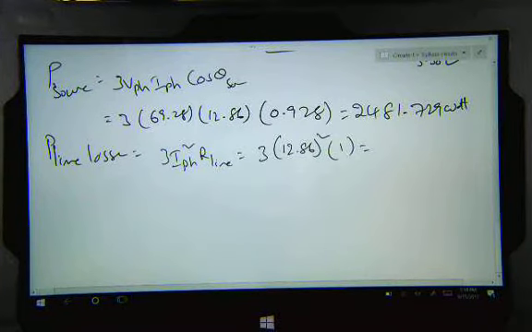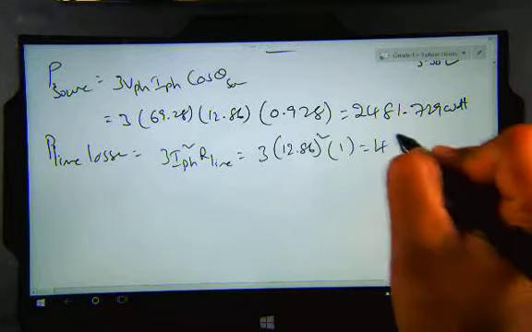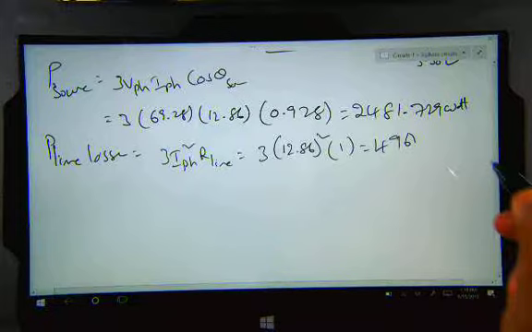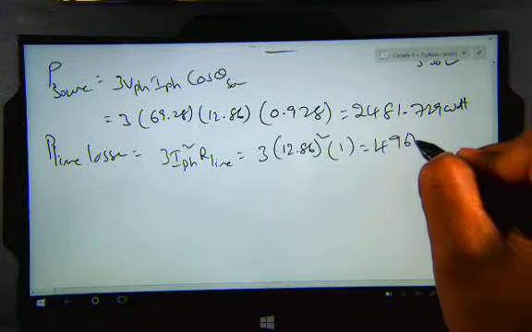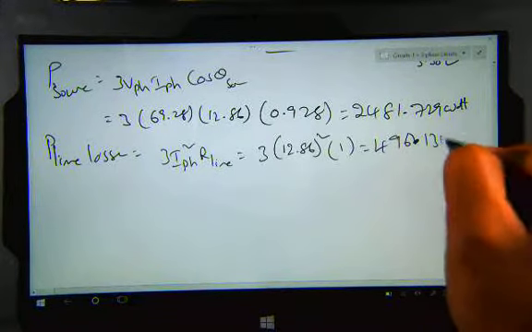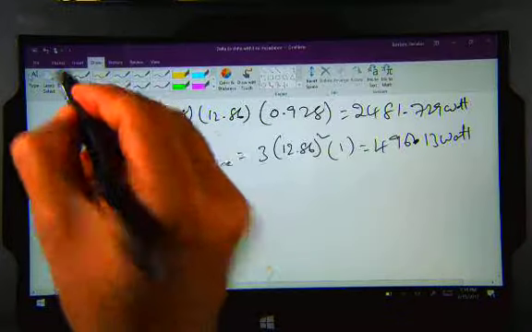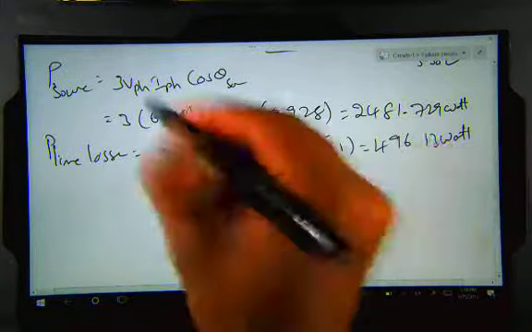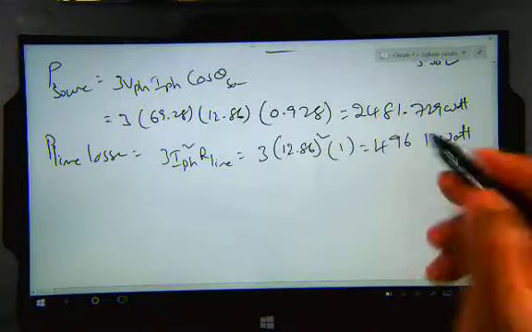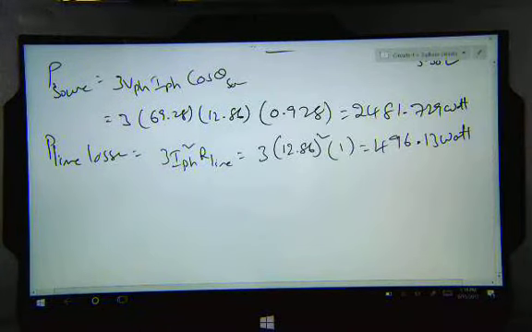So the line losses I have are 496.13 watts. Those are the power line losses.